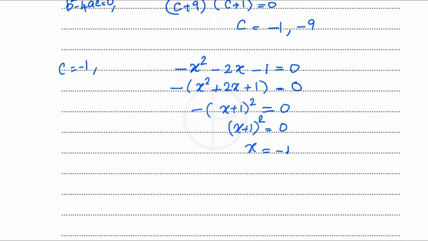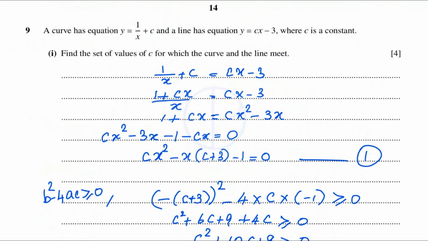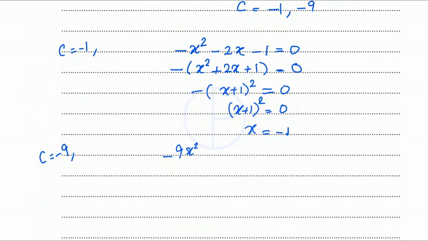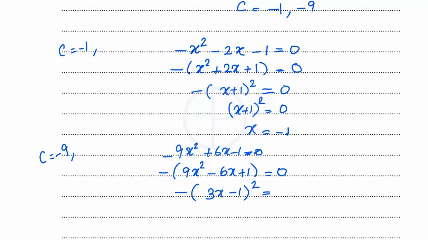Okay, let's find one more point when c is -9. On substituting c as -9, we get -9x square plus 6x minus 1 equal to 0. So this is nothing but 3x minus 1 the whole square, which is equal to 0.